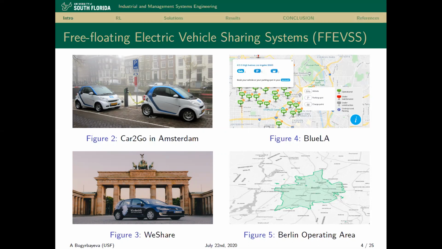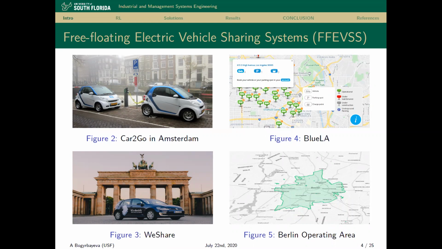As you can see in the map, you can see the availability of EVs, the conditions, the locations, all that information is available. But the topic of today's discussion is going to be the services offered by Car2Go and WeShare, when customers are not required at all to charge or drop off in a certain location. So it's like a real free floating system.